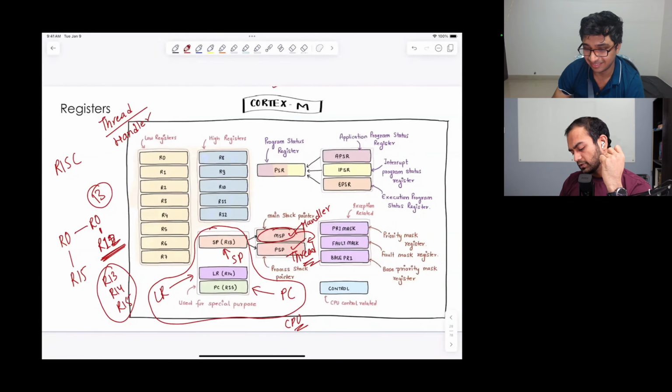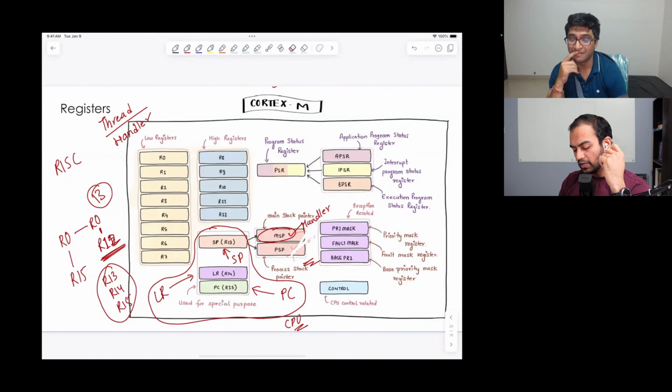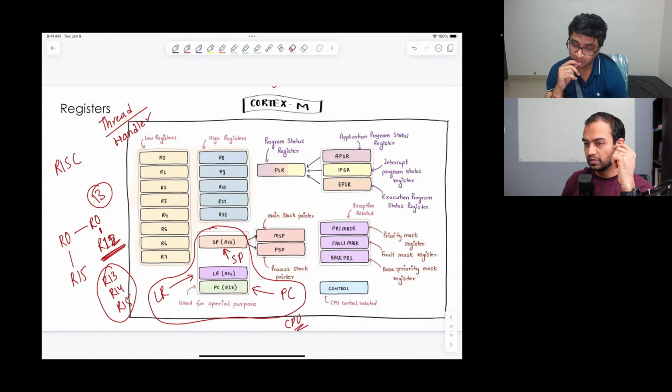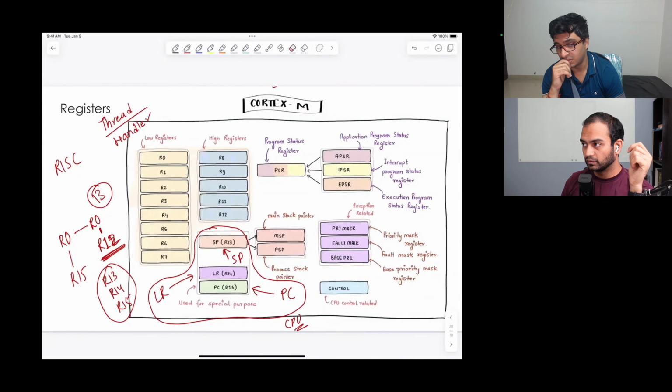So I think my understanding is a little flawed here then. What I understand is handler mode could use both, but the thread mode can't. Here's the situation: let's say the thread mode is using the main stack pointer and it runs into a stack overflow.